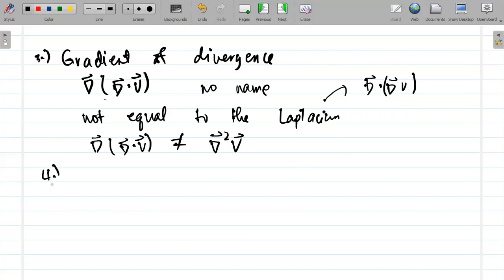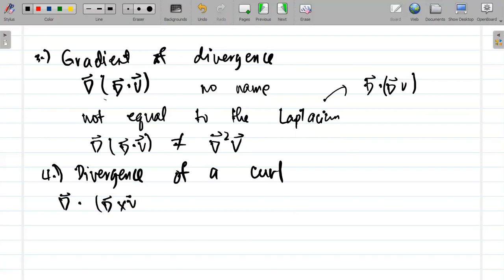Number 4. We have the divergence of a curl. So, ano ang divergence of a curl? Yan ay del dot del cross V. Sige nga, class.